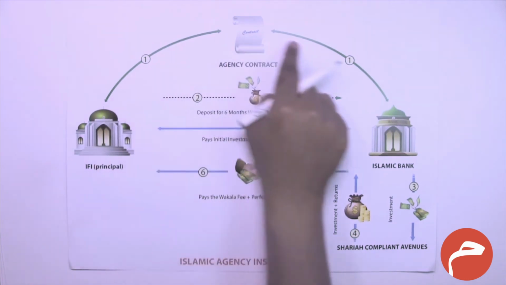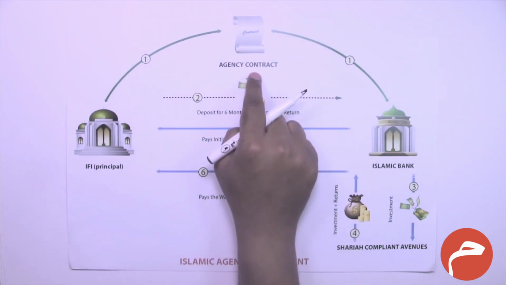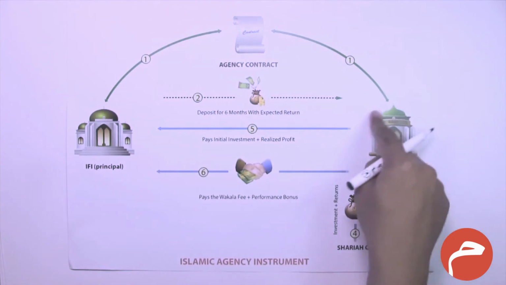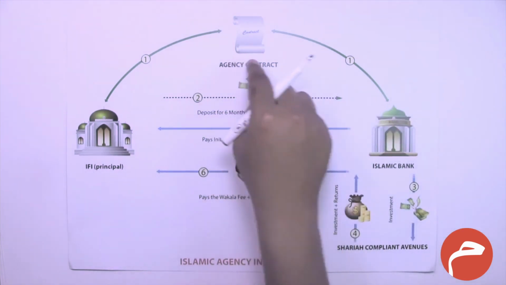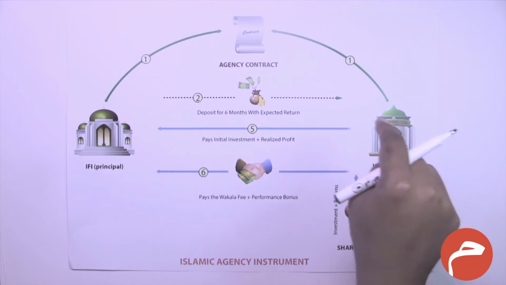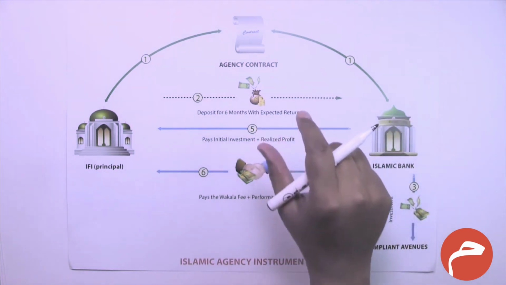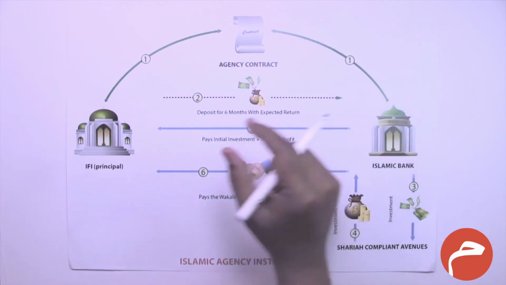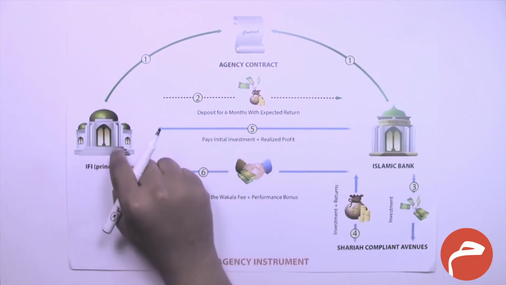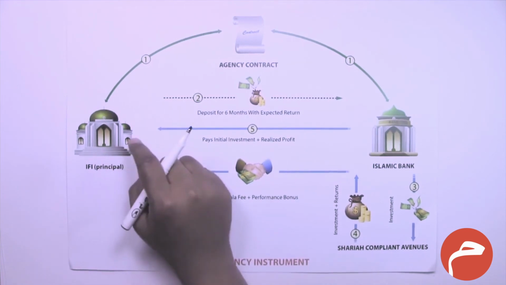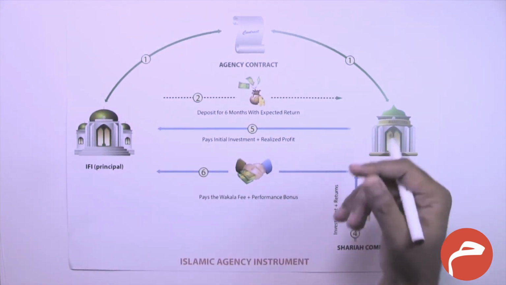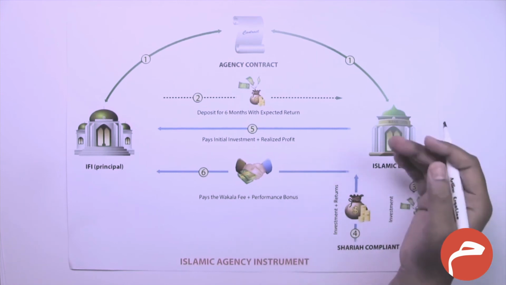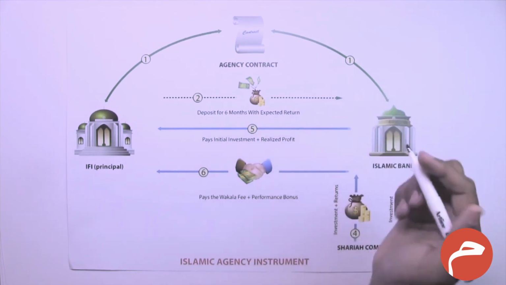So it enters into an agency contract, and in this agency contract what is agreed is that this Islamic institution will invest the liquidity in Sharia compliant avenues, and it is mentioned that there could be an expected rate of return on this investment, and the financial institution could also mention, please invest my liquidity in investments which may generate an expected return of X%.